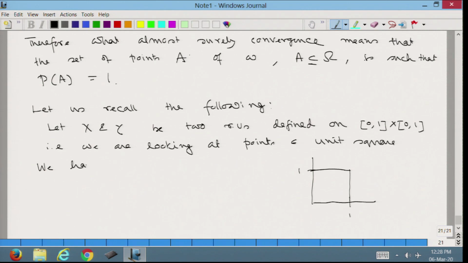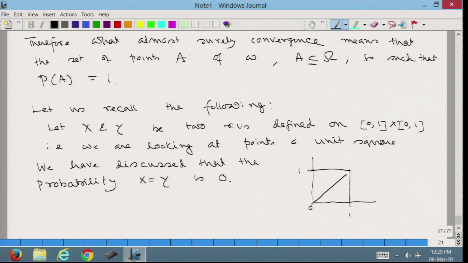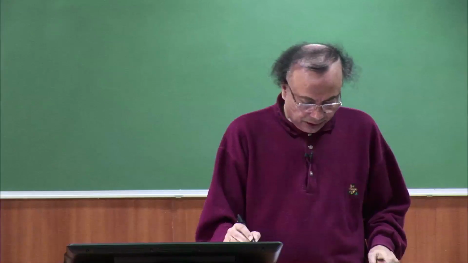We have discussed that the probability that X is equal to Y is 0, because the event X equals Y means the points are chosen from this diagonal, and since the measure of the diagonal is 0.